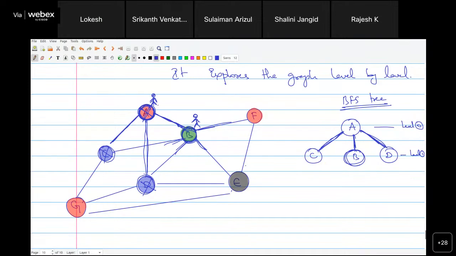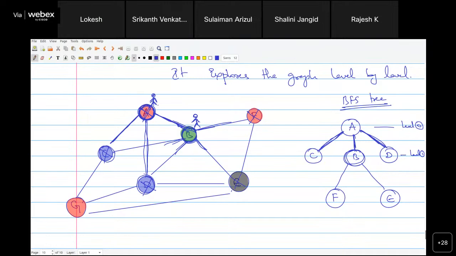So I will explore them in level 2. From B to F, via this edge I will explore F, and from B to E I will explore E. Okay, so now F is also explored, E is also explored.